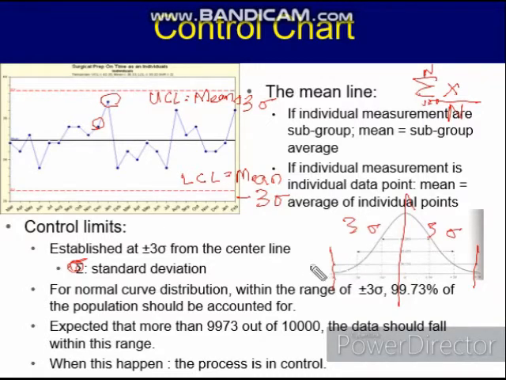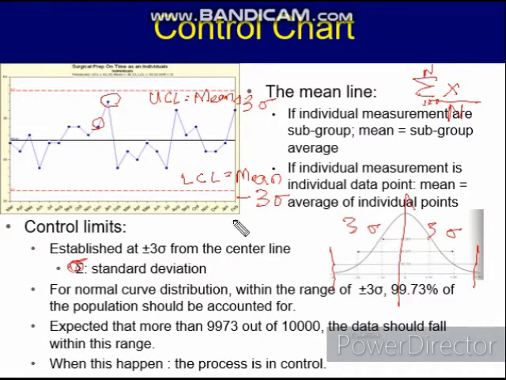Meaning that if the data falls outside this limit, then something might be wrong with that process, something abnormal, something beyond the normal. If you have data outside plus or minus 3 sigma, it indicates there might be something wrong with that particular data. That's what it tells you.